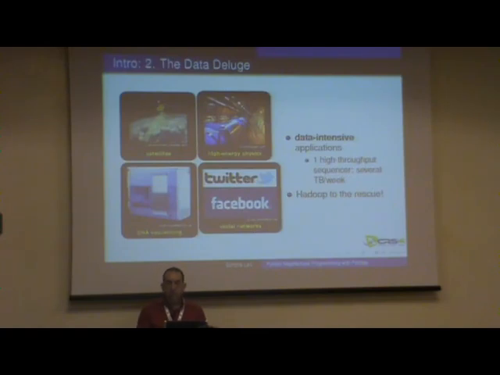These are called data-intensive applications. Sometimes, from an algorithmic point of view, the applications are not even that complicated, but the sheer fact that you have to process a huge amount of data means that you need a distributed programming framework.